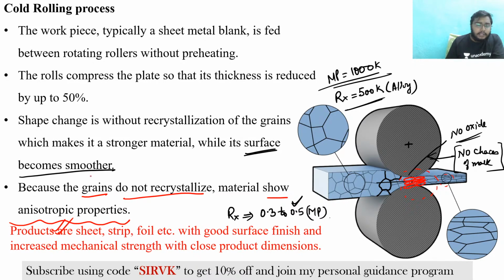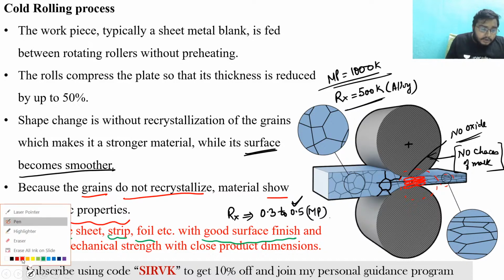Now one more thing that we always have to understand: the products are sheet, strip, foil. So you are making the sheets, strips and foil with these rolling operations with good surface finish. So always keep in mind the cold working process.